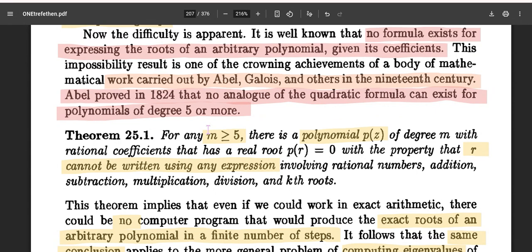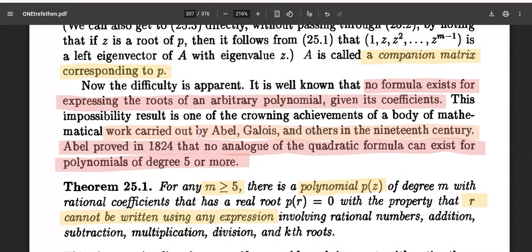It means that we cannot express the roots of a polynomial of degree greater than or equal to 5 in a closed form. It can only be approximate solutions to identify the roots of the characteristic polynomial of degree greater than 5. This theorem was identified in the early part of the 19th century by two young mathematicians called Abel and Galois. What they identified and proved is that no analog of the quadratic formula can exist for polynomials of degree 5 or more.